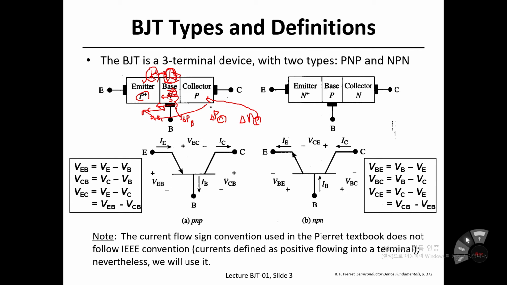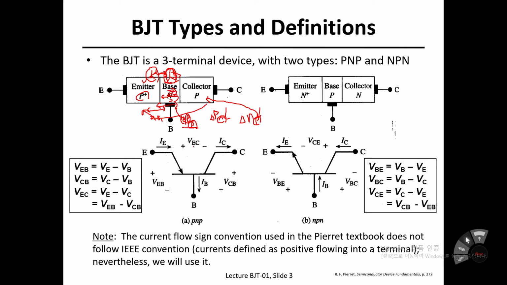So from now on, when it comes to the BJT, the subscript indicates one of the three regions in the BJT. Here, delta p sub B indicates the excess hole concentration in the base.